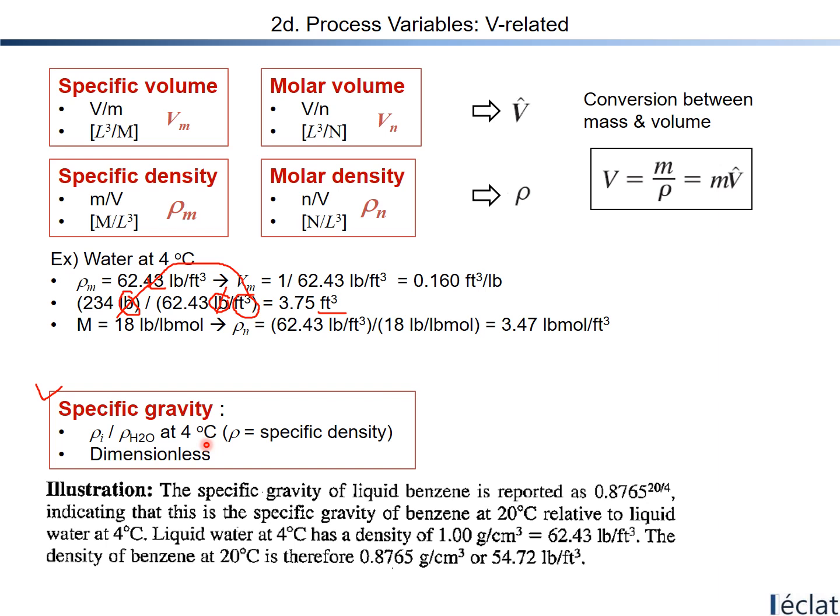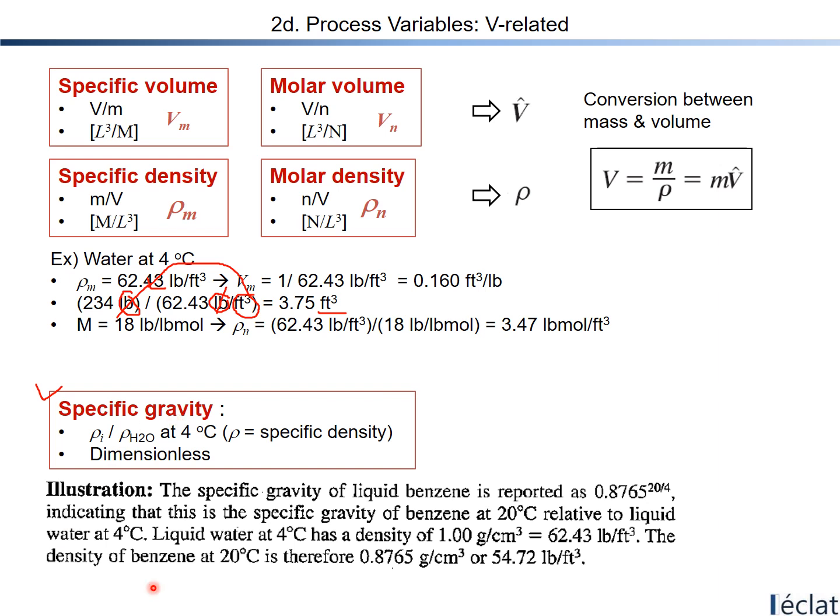It is called specific gravity. And what is the dimension of specific gravity? Of course, nothing, because it was defined by density per density, so dimensionless. This can be interpreted as the relative density with respect to water at 4 Celsius degree.